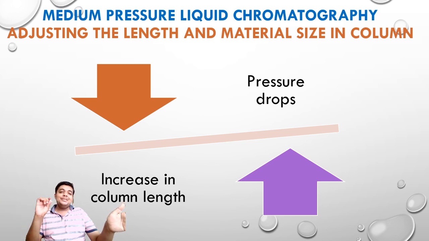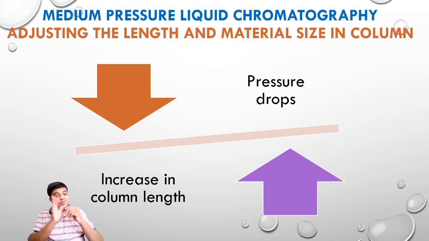If the H remains the same, number of plates is increased. Pressure might drop. But if you increase the size of each material particle, then again the pressure will be gained. So be very clear that adjustment of the length of the column, adjustment of the material size of the stationary phase filled in the column is very much essential so that the dropping of the pressure is restricted.